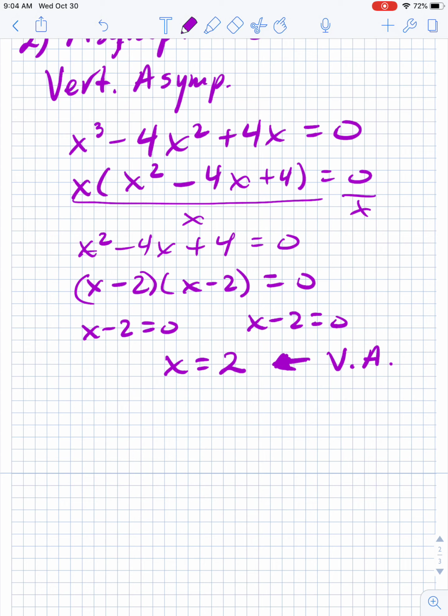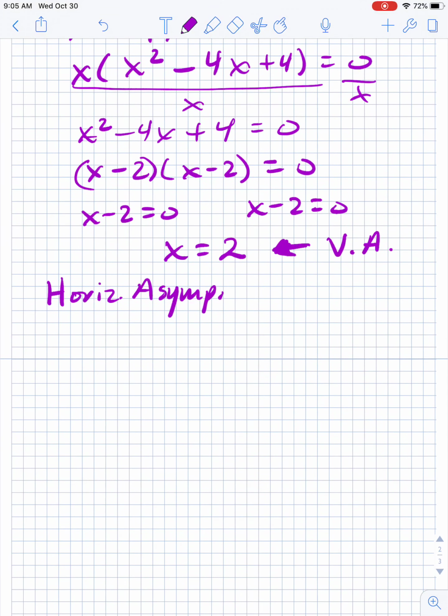Okay, for my horizontal asymptotes, there's 3 different cases. So it depends on what you have.